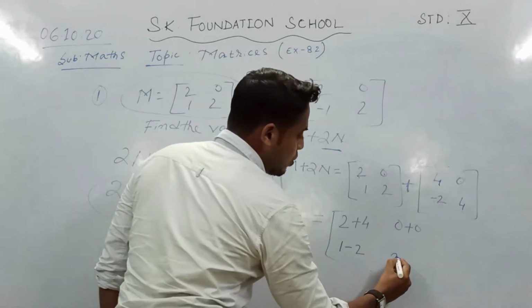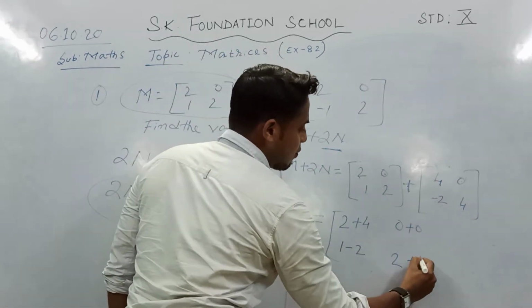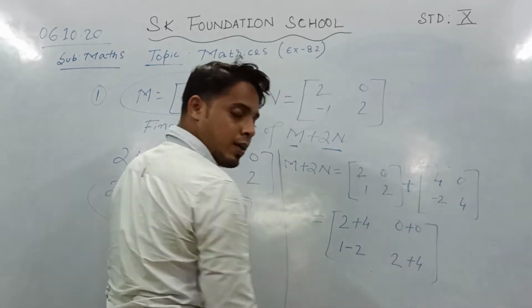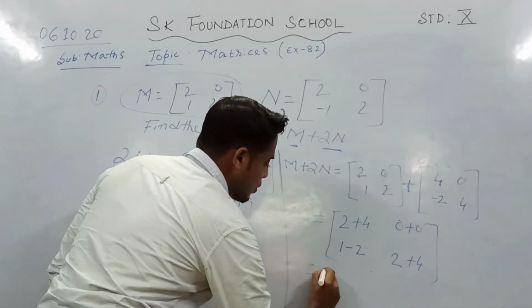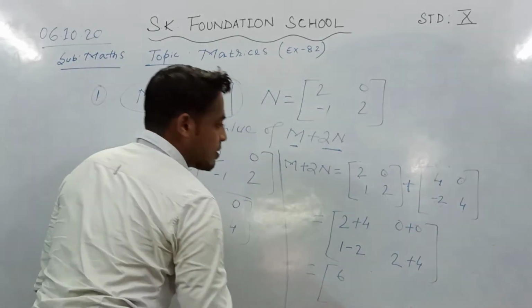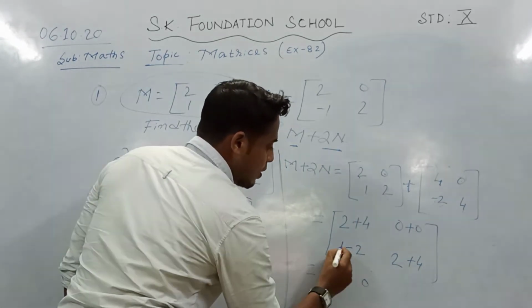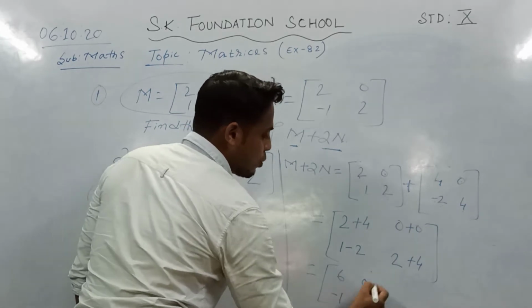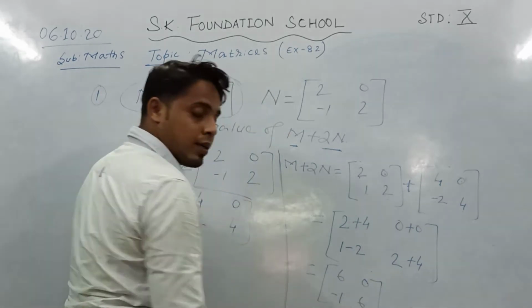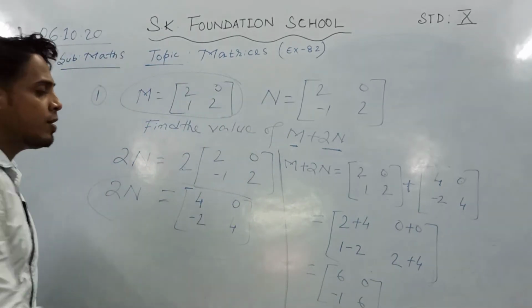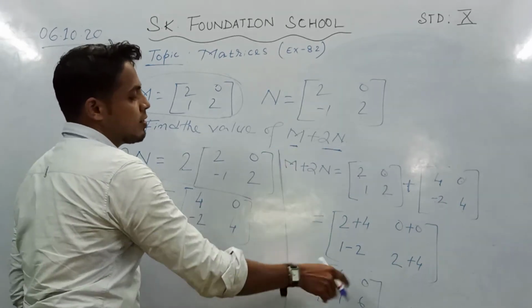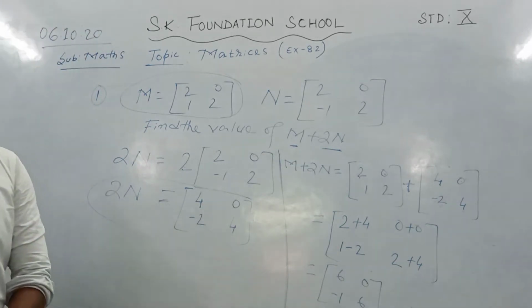Then 2 plus 4. So 2 plus 4 is 6, 0 plus 0 is 0, 1 minus 2 is minus 1, 2 plus 4 is 6. Clear? Understood? So this is our answer, the value of M plus 2N. Clear?